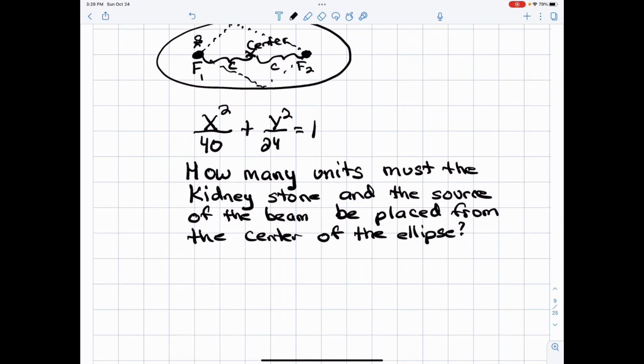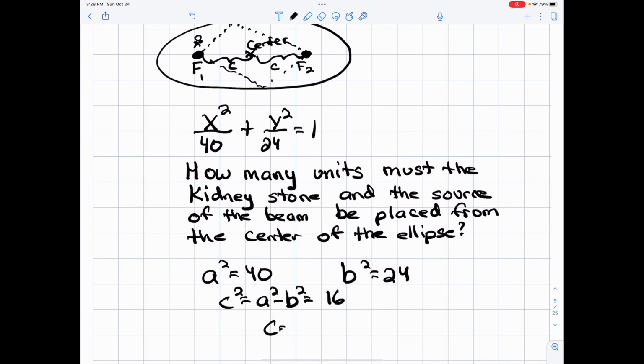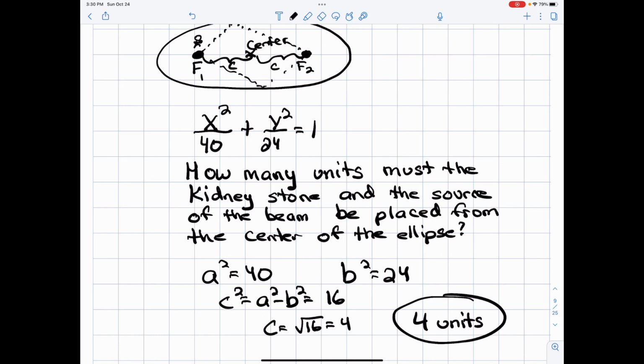Okay, so in this one, we can see that a squared is 40, b squared is 24. So then c squared is a squared minus b squared. So you get 16. So c is the square root of 16, which is 4. So whatever the units are, if you're in this tub, they want your kidney sitting 4 units away from the center of the tub.